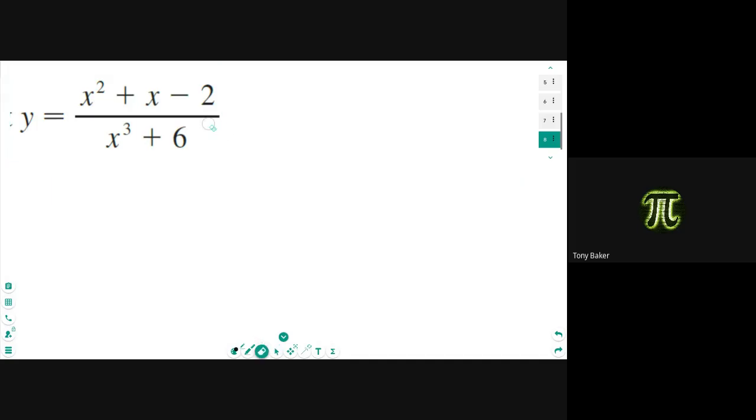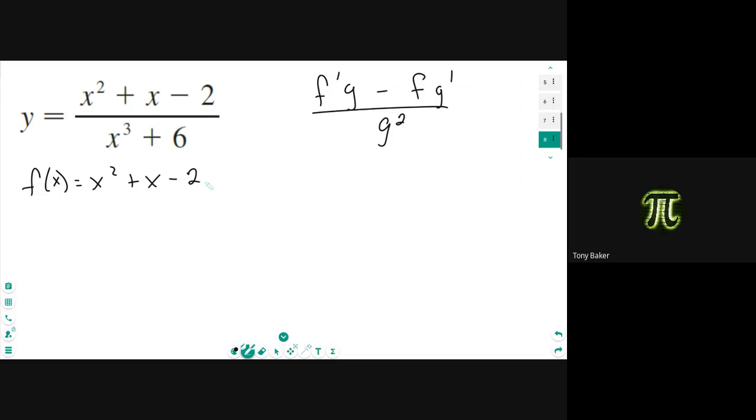All right, so let's do this one. Same process. So f is x squared plus x minus 2.